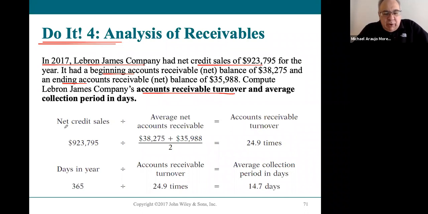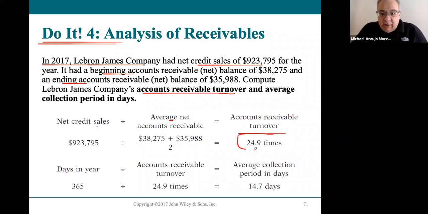So for the accounts turnover, you have net credit sales of 923,795, divided by the average net receivables of almost 37, right? 36 and a half. That gives you 24.9 times a year.